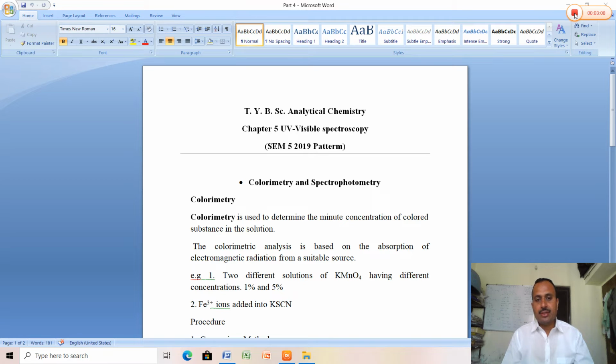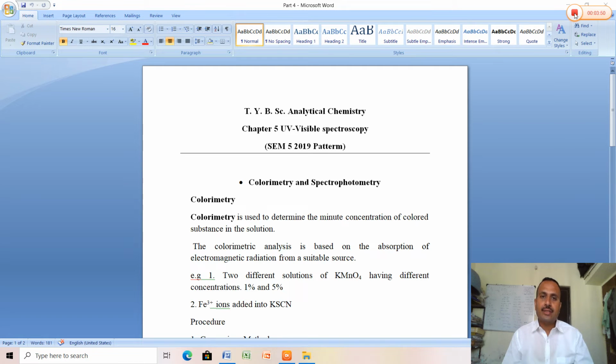For example, take a solution of KMnO4 with different concentrations. For 1% KMnO4, 1 gram of KMnO4 should be dissolved in 100 ml distilled water to form a 1% solution. For a 5% KMnO4 solution, 5 grams of KMnO4 should be dissolved in 100 ml of distilled water. Now the concentration of 1% is less and the concentration of 5% is high.